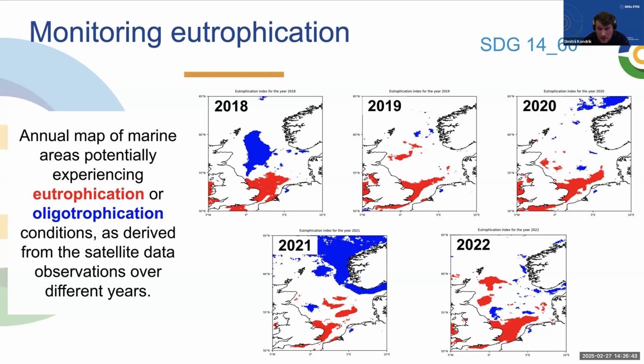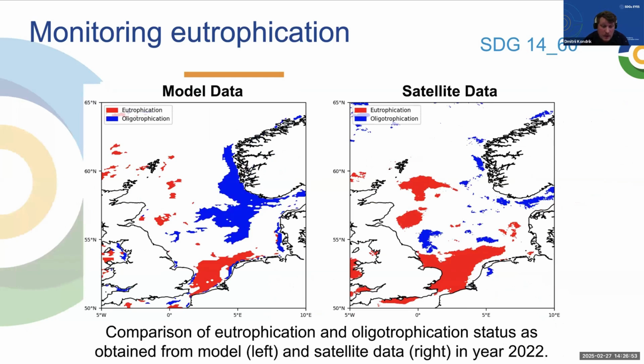By comparing each map for each year, we can see some differences, but also some stable patterns in terms of the eutrophic or oligotrophic state of the waters. And because we have two input data sets, we can also compare them in terms of consistency, and also analyze them separately and find the differences.